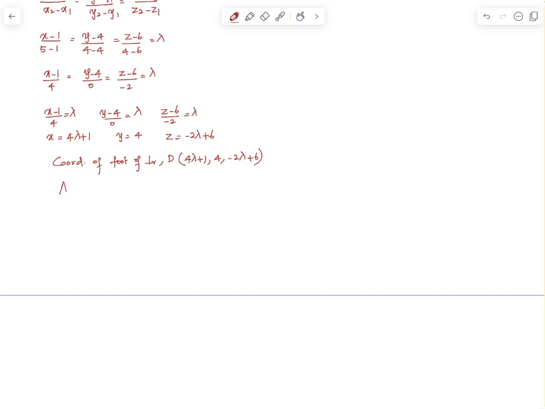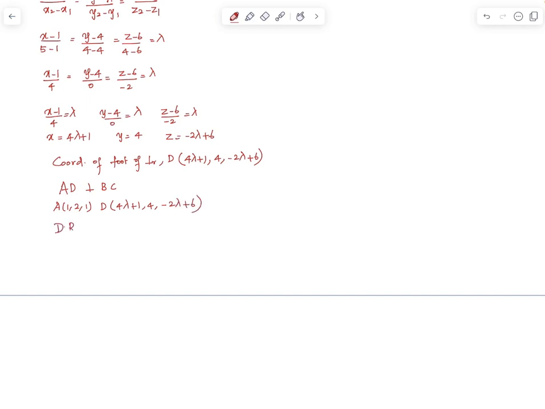By the question, AD is perpendicular to BC. A is 1, 2, 1, and we have got D as 4 lambda plus 1, 4, minus 2 lambda plus 6.